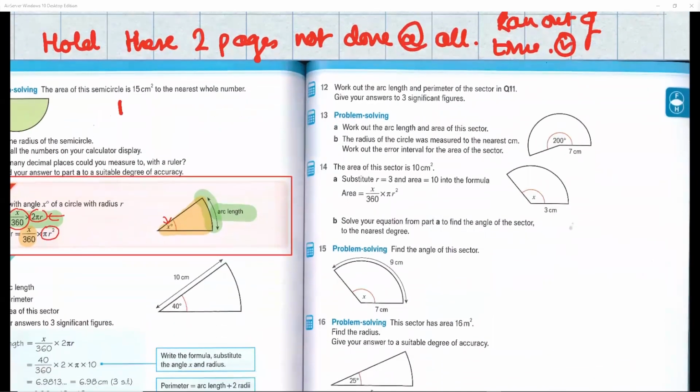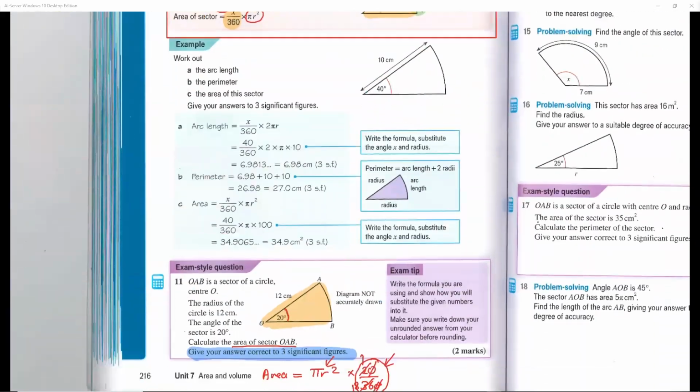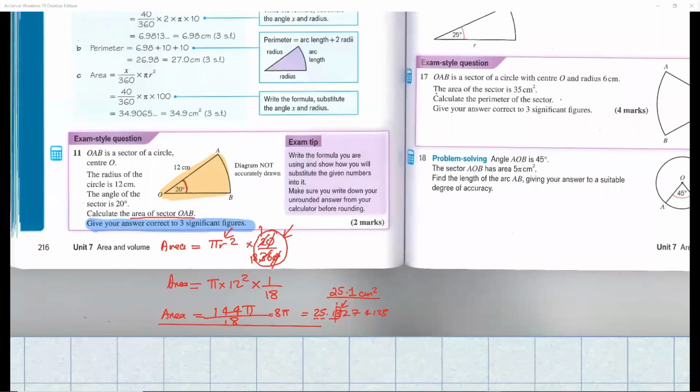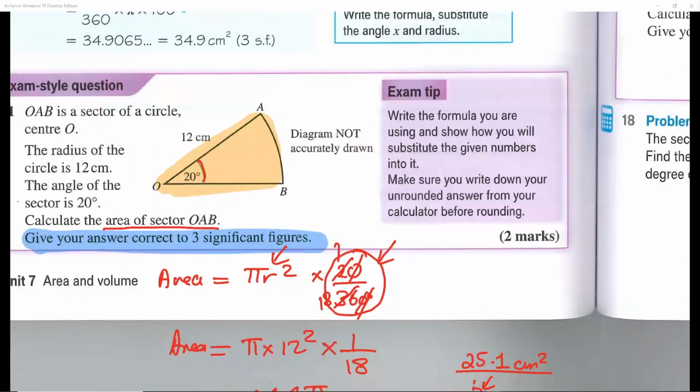So here we've got some more questions. When they give you a measurement for a side of a sector, will it always automatically be a radius? Absolutely, good question. That 12 centimeters they're giving me here has to be the radius without a shadow of a doubt, because this is the center of the circle.